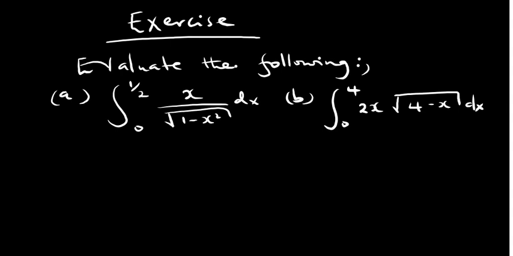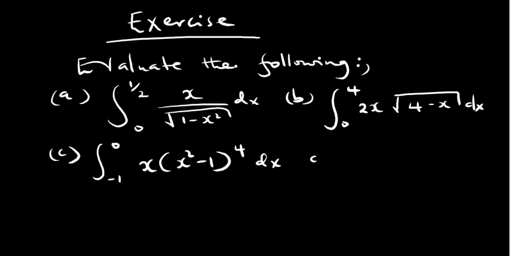Part C, I beg your pardon, here it should be integral from -1 to 0 of x into (x squared minus 1), all this power 4, with respect to x.